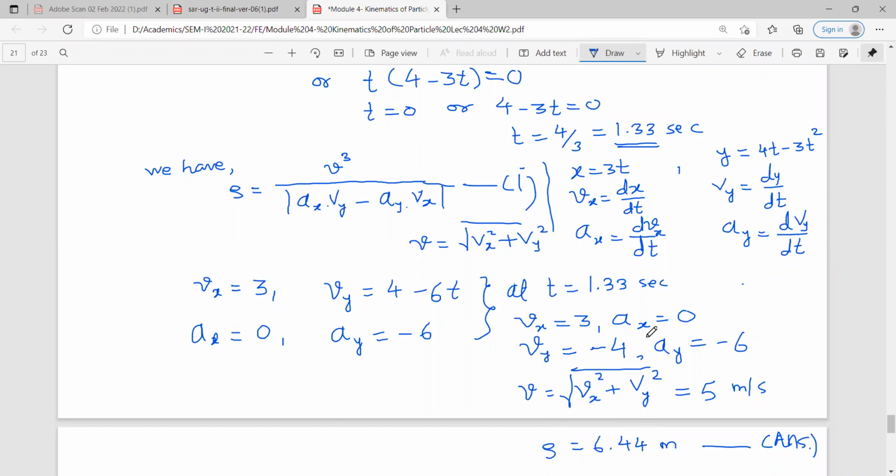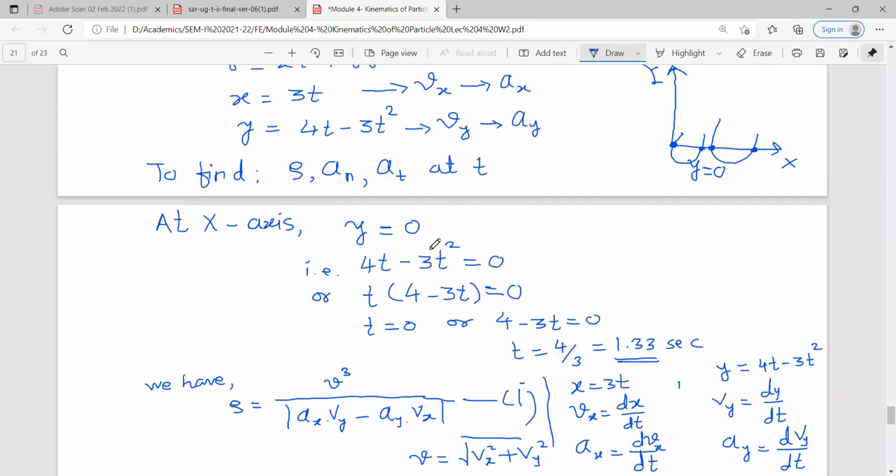Okay, so let us concentrate on the next point. What is the next point to find out? Normal component and tangential component.